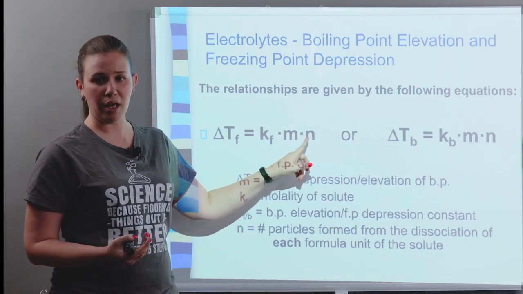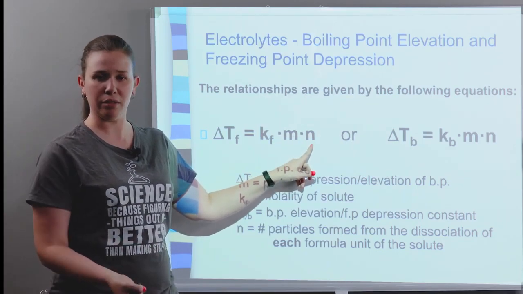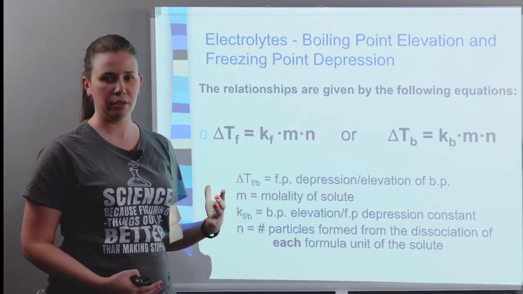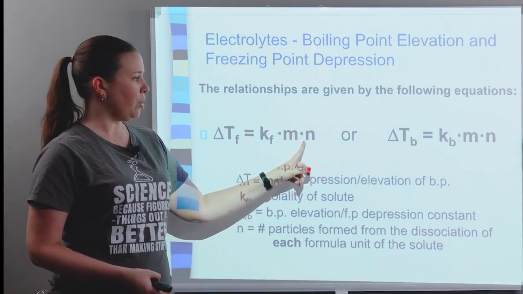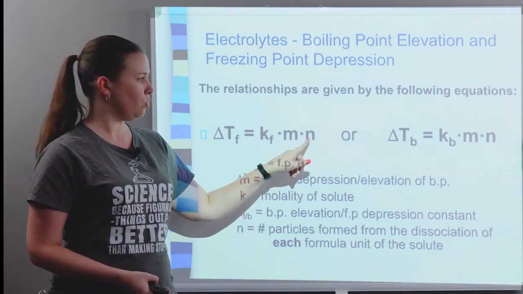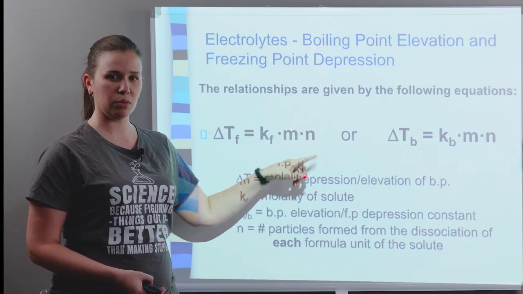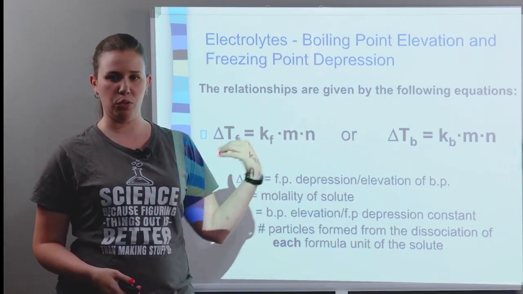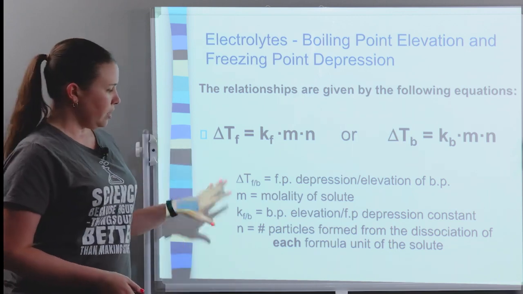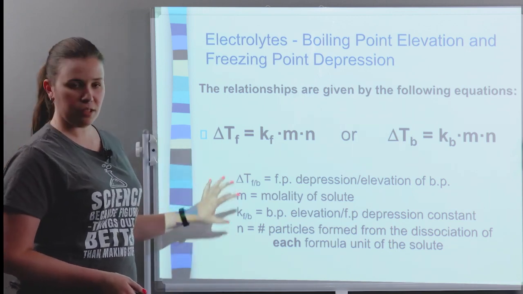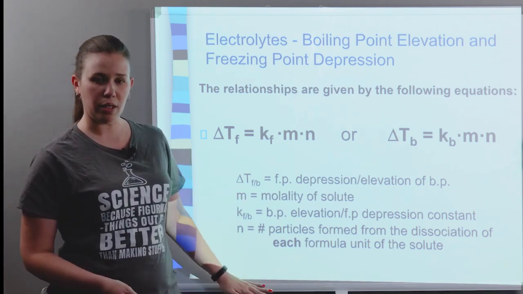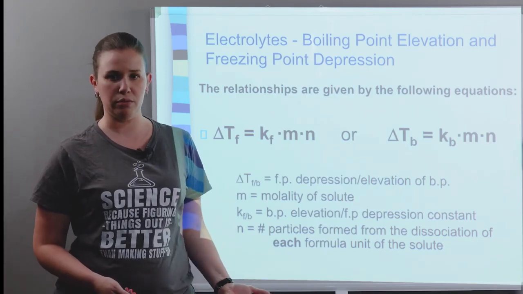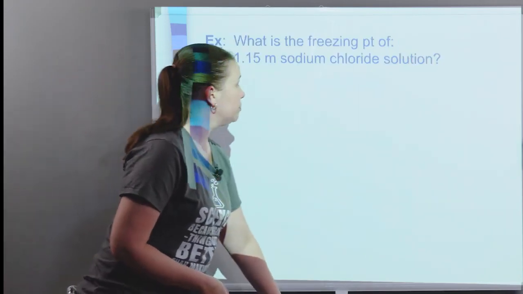You could consider n just to be 1 for molecular compounds and just always use this version of the formula. Same effect. But if we're breaking into multiple particles, we are going to have a greater effect here. We're going to increase the effect on our change in temperature, whether that's boiling or freezing. So delta T, m, and Kf all still mean the same thing, and now we have a multiplier of the number of particles.